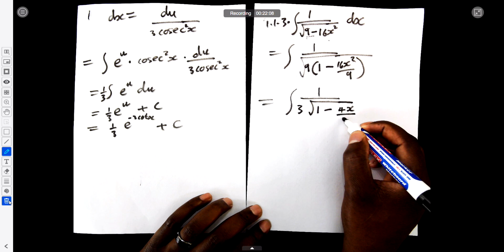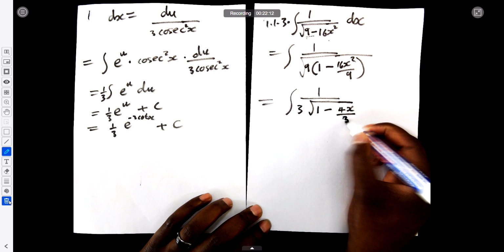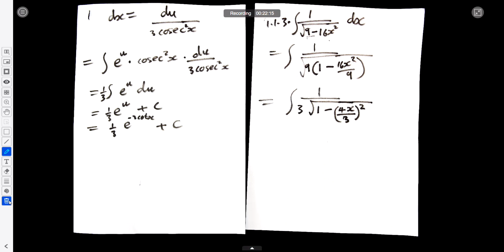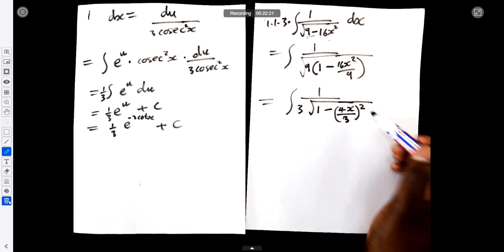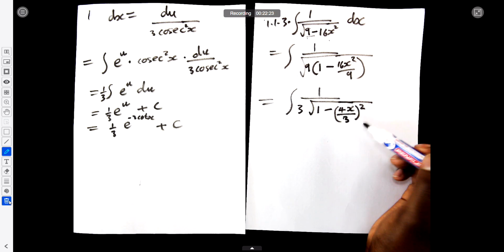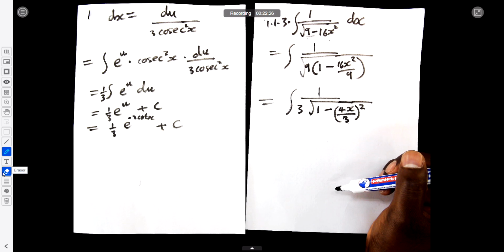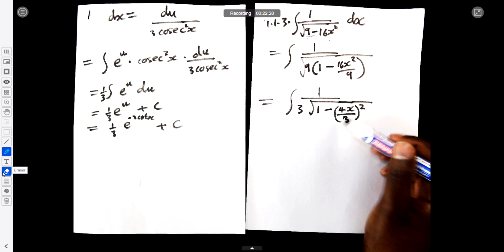And then 9, expressing it as a perfect square is going to be 3 squared. So expressing it as a perfect square, it's 4 squared, x squared, and 3 squared, which is 9.